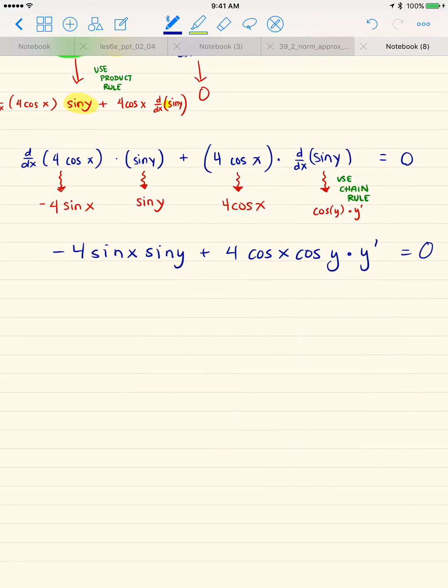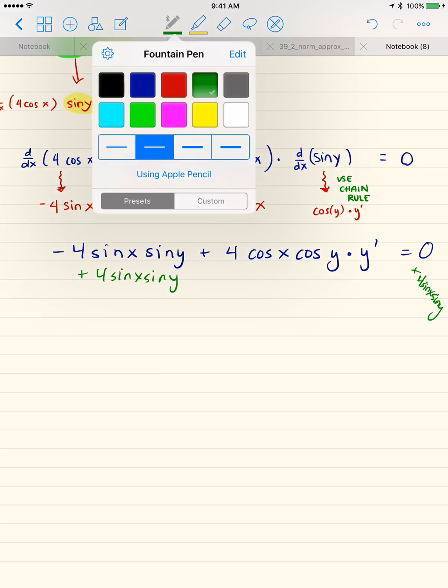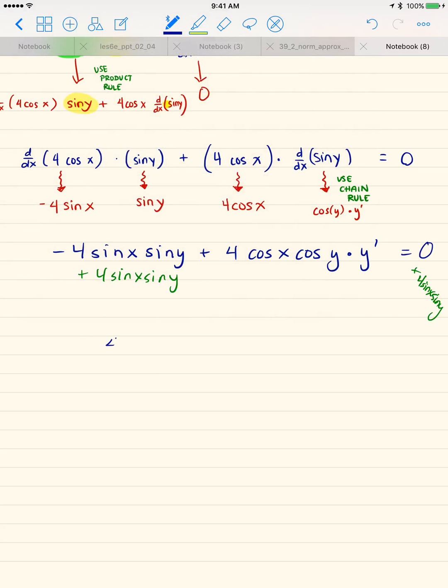And I need to solve for y prime because my goal is to find y prime. So I'm going to add 4 sine x sine y to both sides. So I get 4 cosine x cosine y times y prime is equal to 4 sine x sine y.